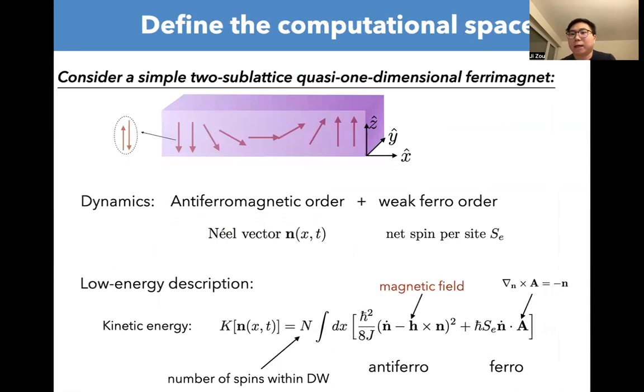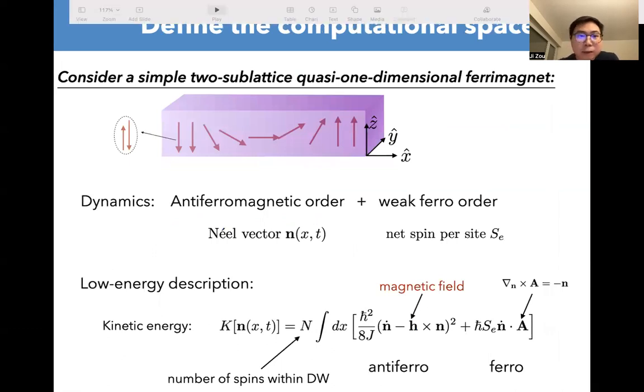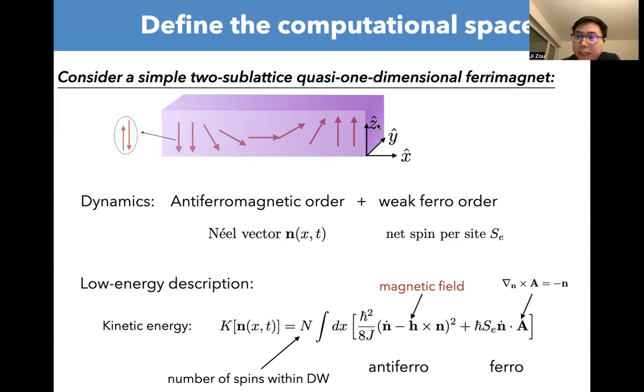Okay, so let's start with some model. We consider a very simple two-sublattice one-dimensional ferrimagnet. As we sketched here, each spin should be understood as a large spin together with a smaller spin in the opposite direction.